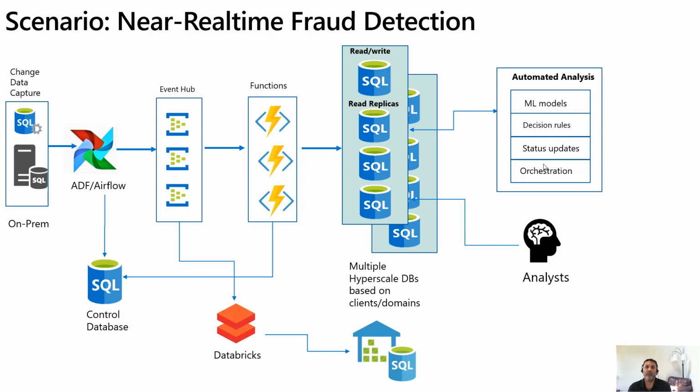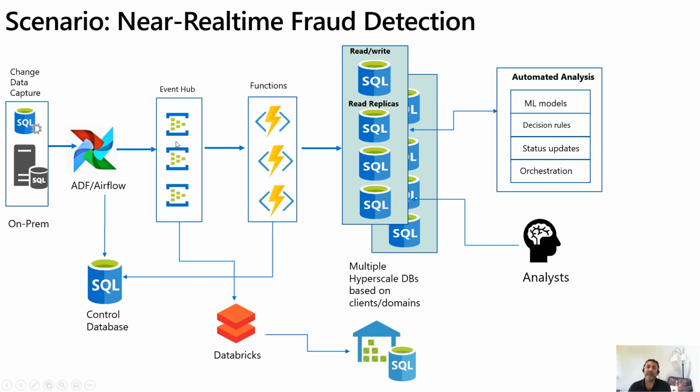Some of the new scenarios or patterns we are seeing with Hyperscale, one of them is near real time fraud detection or analytics of any sorts, where data originates on-prem or on the cloud. If it's on-prem, it's then shipped to Event Hub, or Event Hub is the source of all the incoming data.